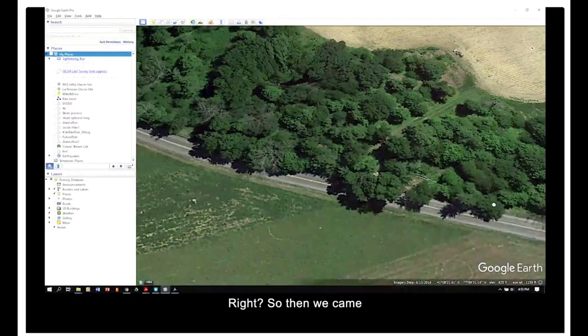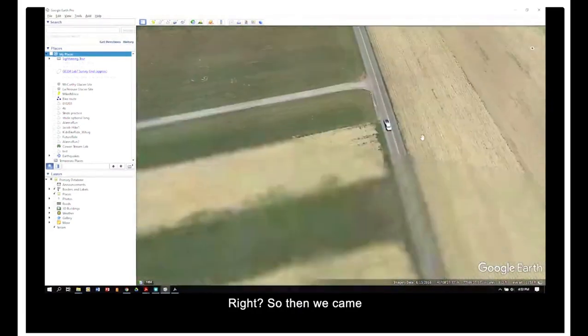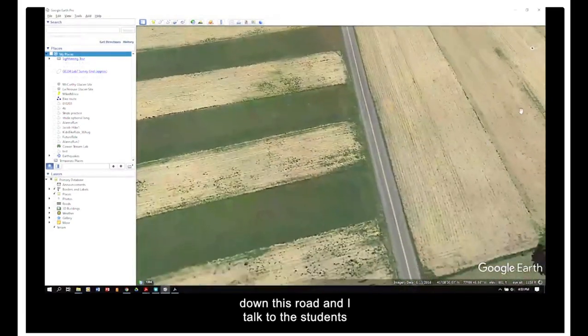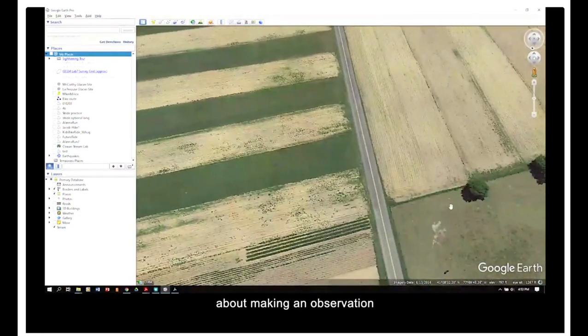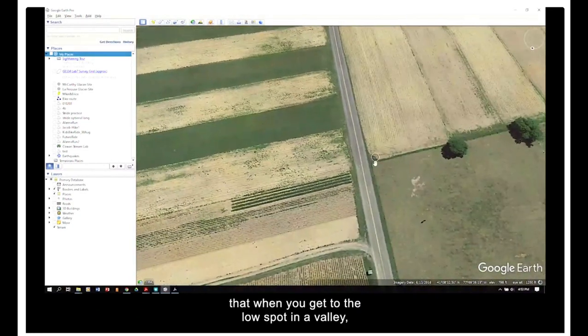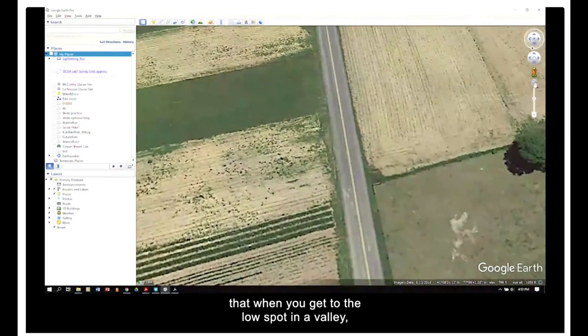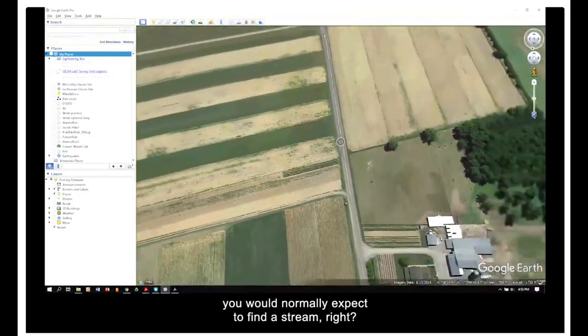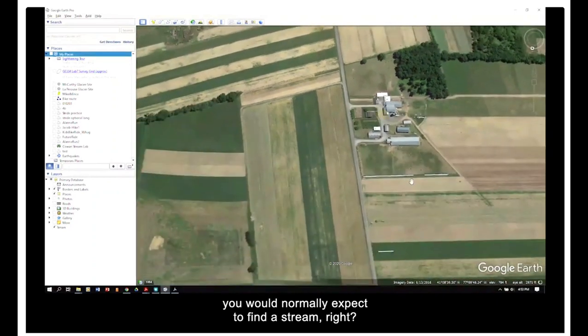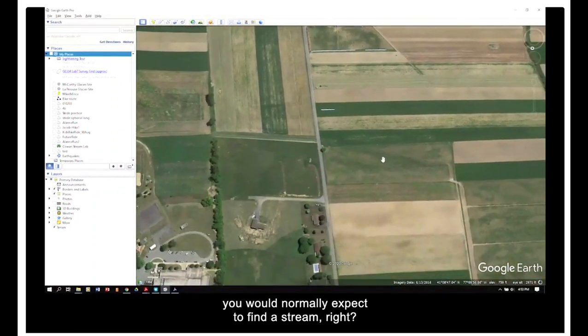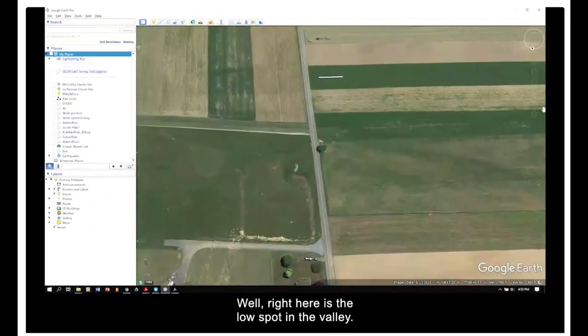All right, so then we came down this road, and I talked to the students about making an observation: when you get to the low spot in a valley, you would normally expect to find a stream, right? Well, right here is the low spot in the valley.